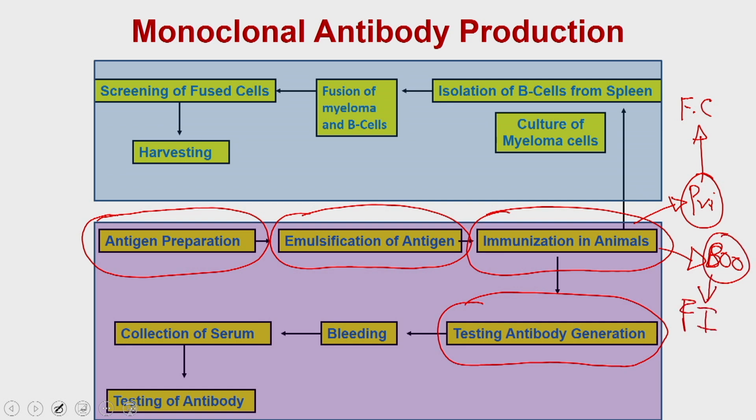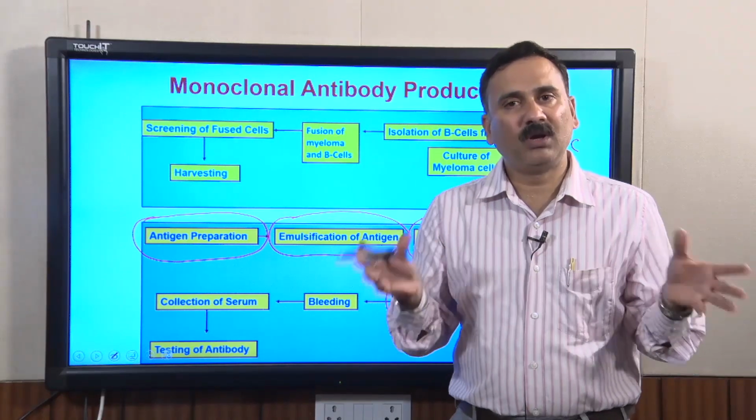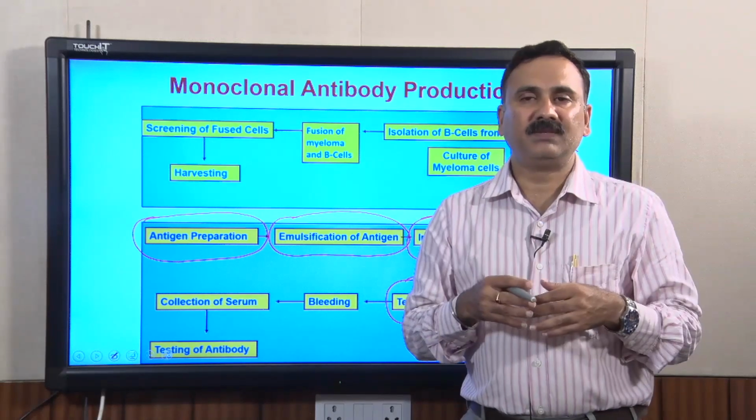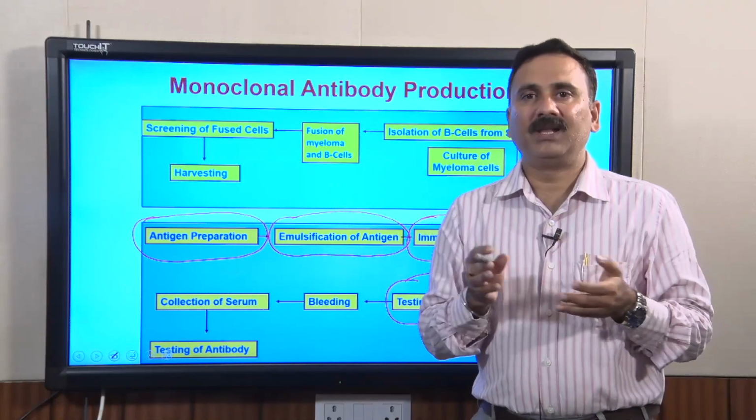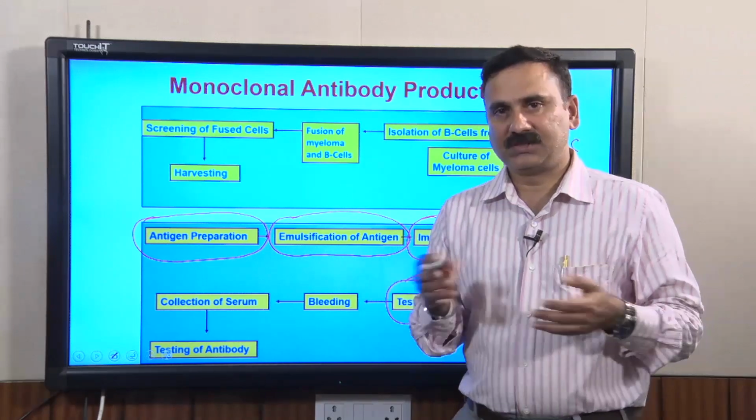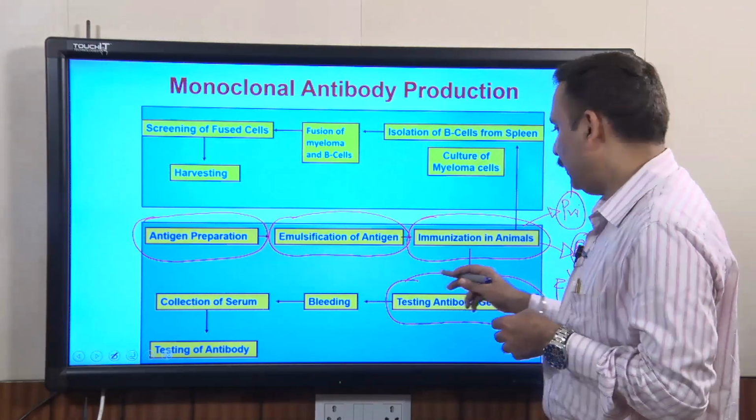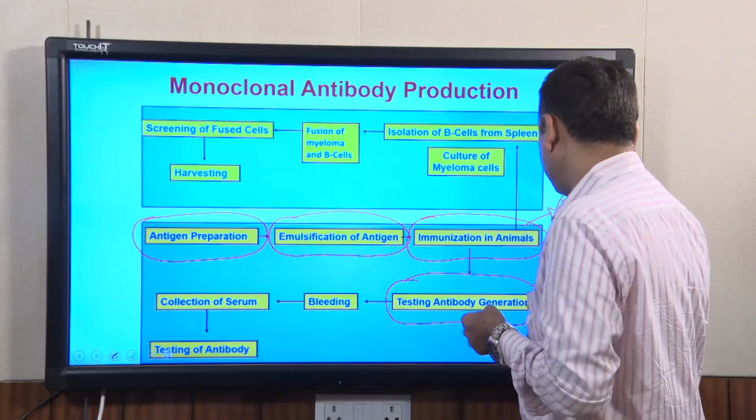The difference between them is that Freund's complete adjuvant contains the mycobacterium cell wall, whereas Freund's incomplete adjuvant only contains oil and some amount of detergents. Then you have to test the antibody generation.